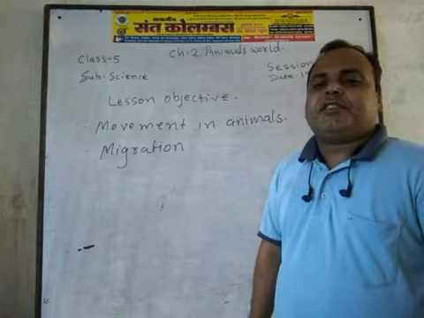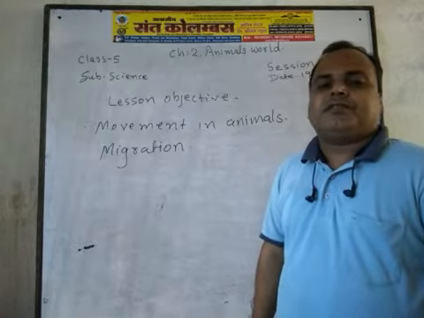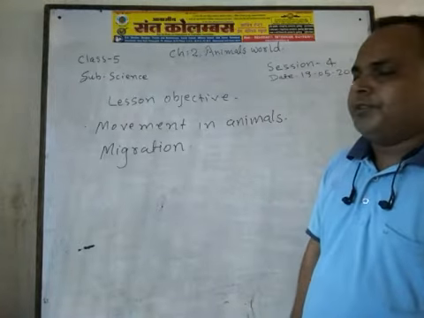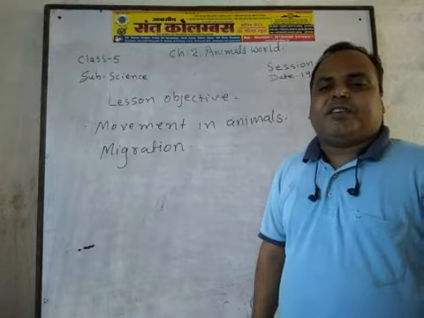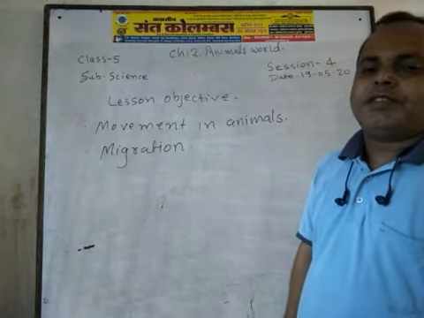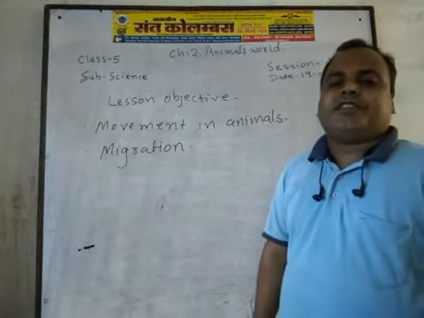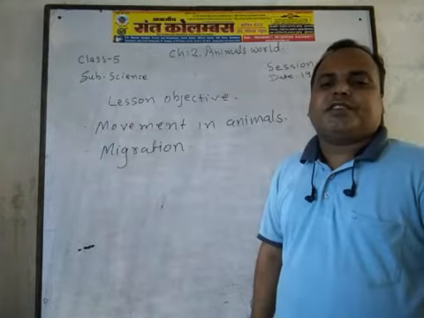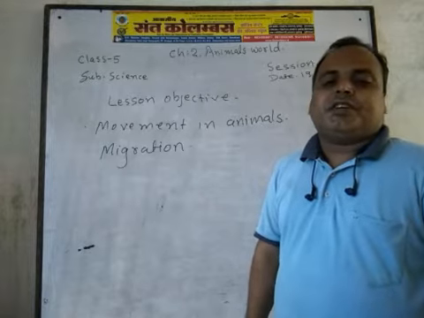Aquatic animals have special organs which help them to swim. Fish have fins which are used to move forwards. The tail and fins help to change the direction.